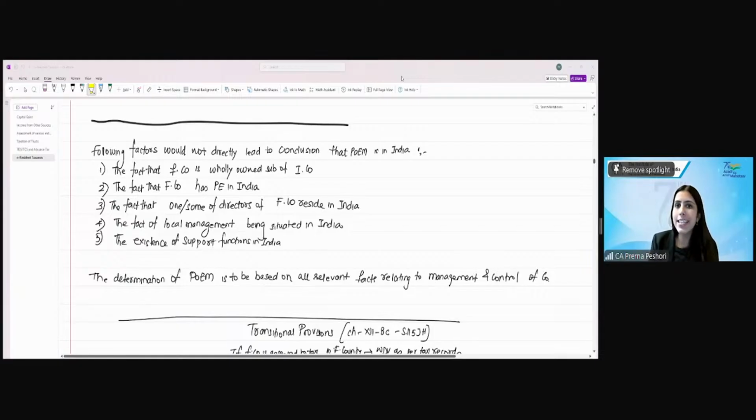Now let's say the sales happen in India and the local management is involved in undertaking that sale. That is not a key management and commercial decision. The key management and commercial decisions are what to produce, when to produce, how, which markets, pricing, all of that. Who is taking those decisions, and where are those decisions being taken? That is the answer to where the POEM is.